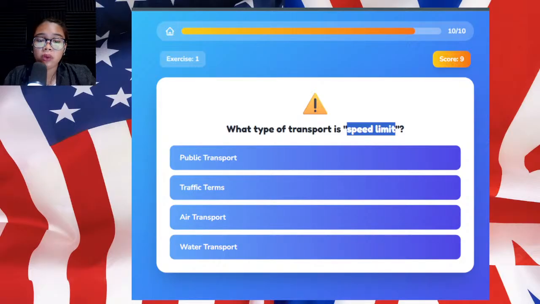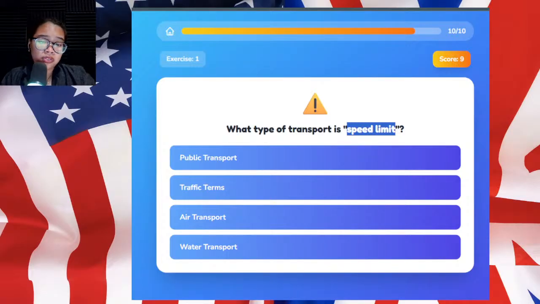Anyone? When we say speed limit, it is the maximum legal speed that a vehicle is allowed to travel on a specific stretch of road. Speed limit signs indicate safe driving speed. These limits are not arbitrary, they are carefully calculated by engineers based on the type of road, the amount of traffic, and the presence of people or hazards nearby.